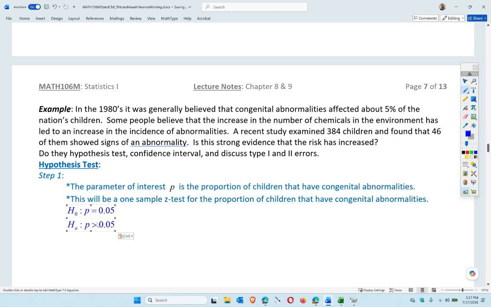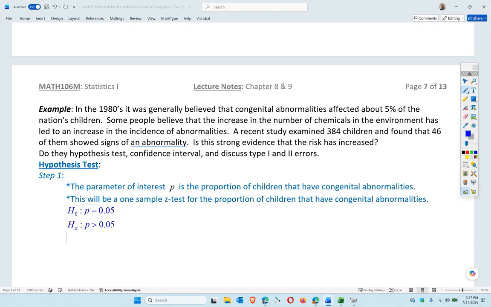We're doing a Z-test. So we want to figure out, is P greater than 0.05? Otherwise, it's less than or equal to, and it hasn't increased, essentially. Okay, so step 2, we care about random, which we're going to assume they're random, and they're independent, correct?